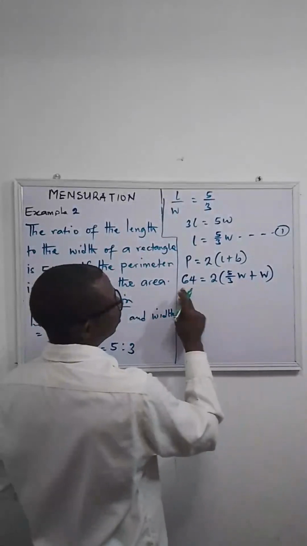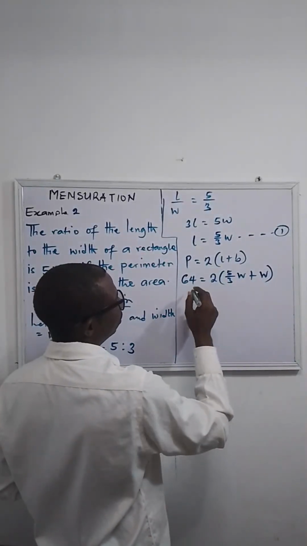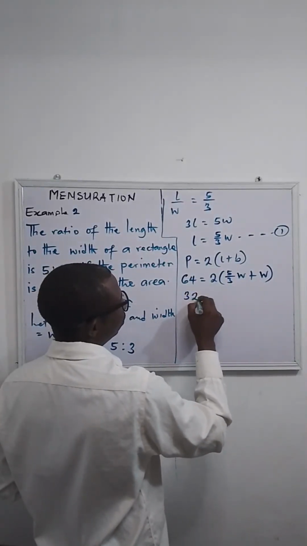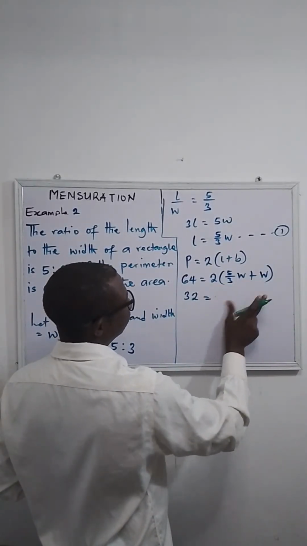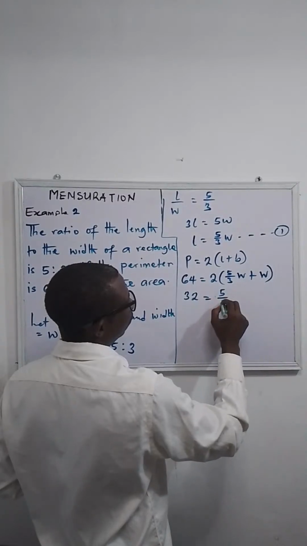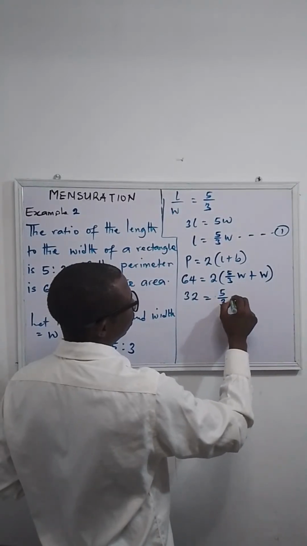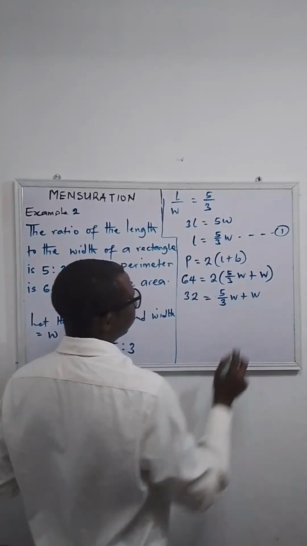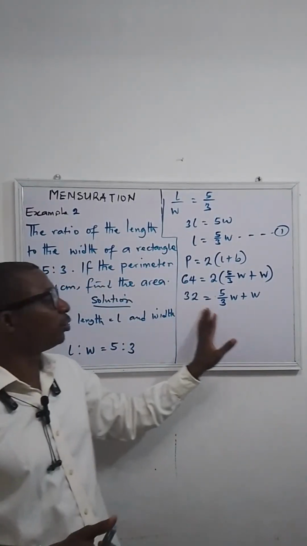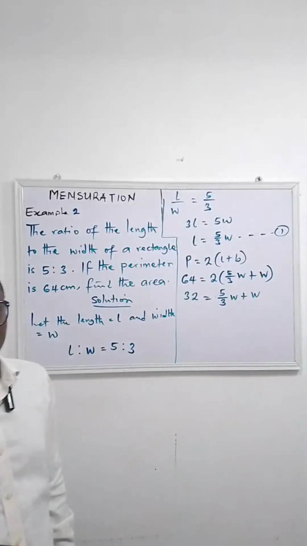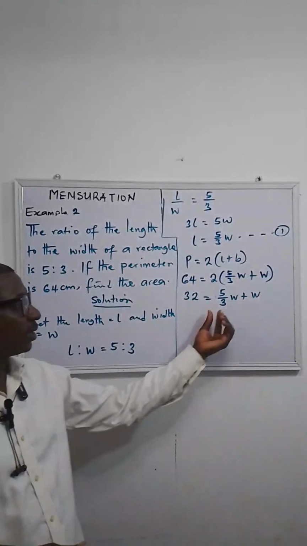So when you divide both sides by 2, this one goes, so we have 32 equals to 5 over 3W plus W. Now, the next thing is to multiply through by the LCM of the denominators, so that we clear this fraction.